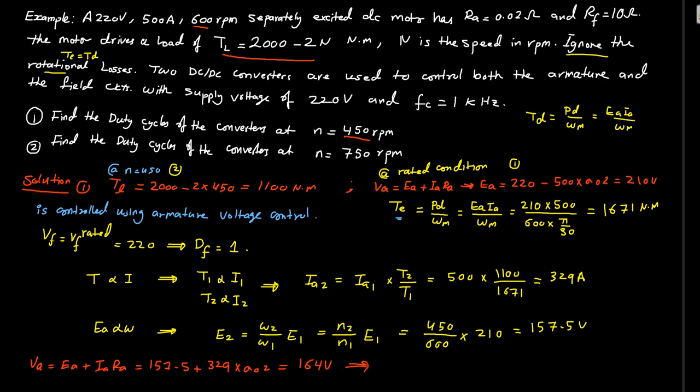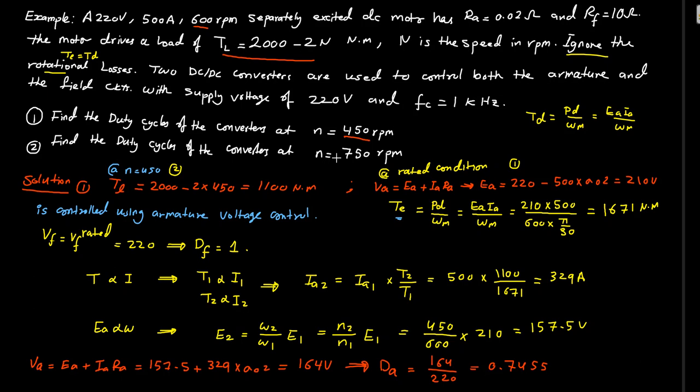Now to calculate the duty for the armature, dA is equal to the output voltage 164 over the input voltage 220, and this will equal 0.7455. So this is the first part.